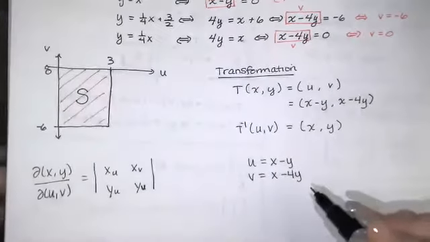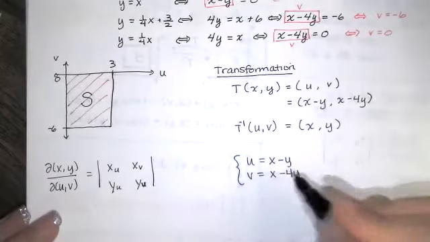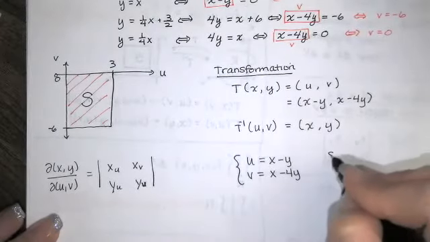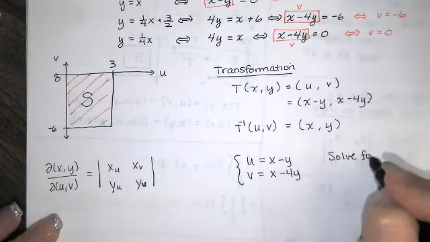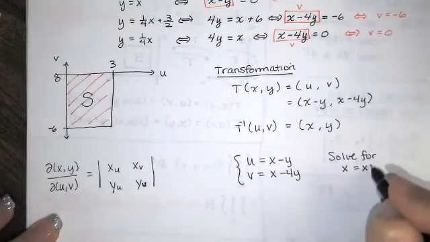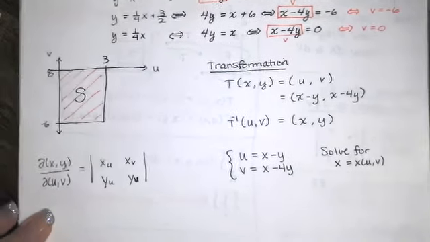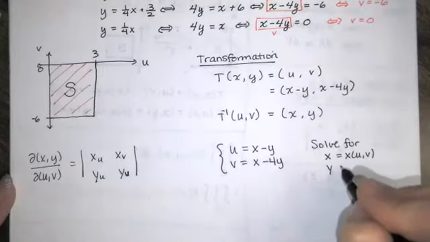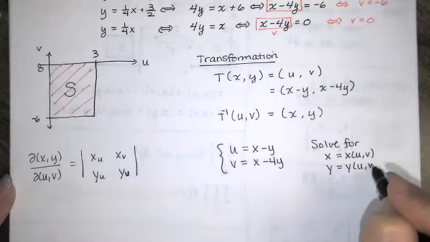In order to do that, you're going to take this and solve it like you're solving a system of equations. So you're trying to get x by itself as a function of u and v, and you're trying to get y by itself as a function of u and v.